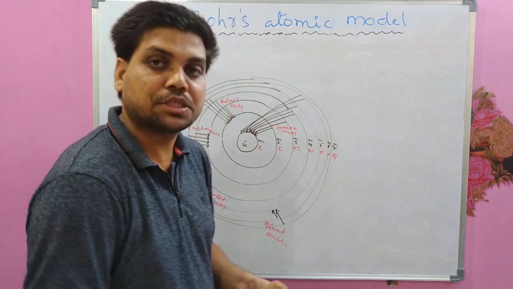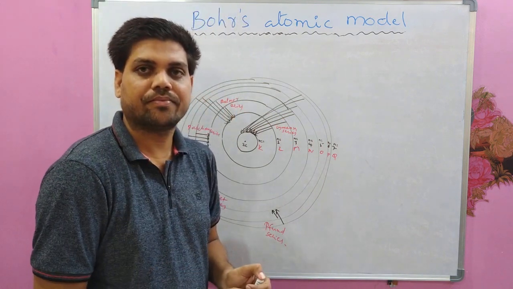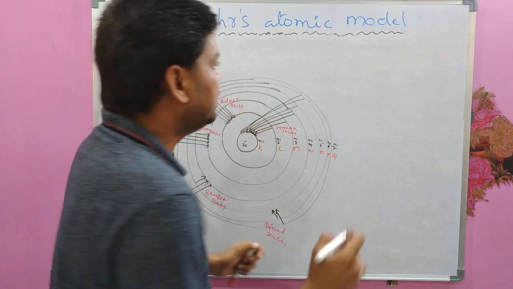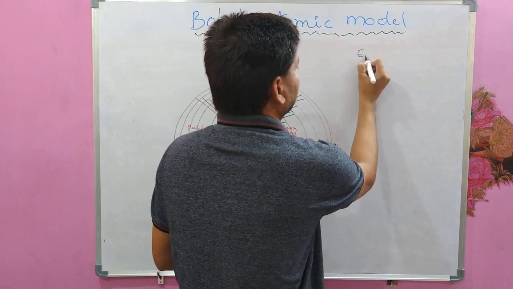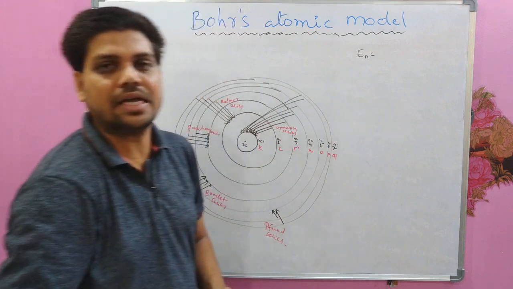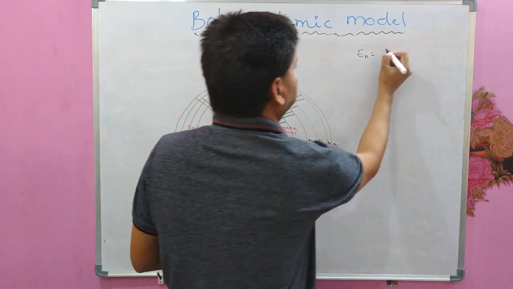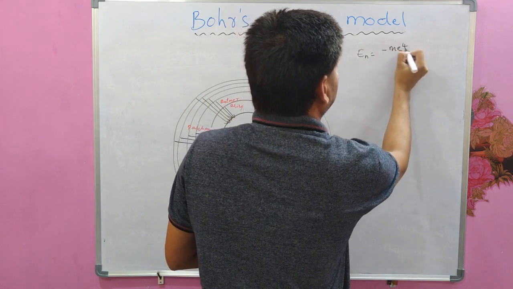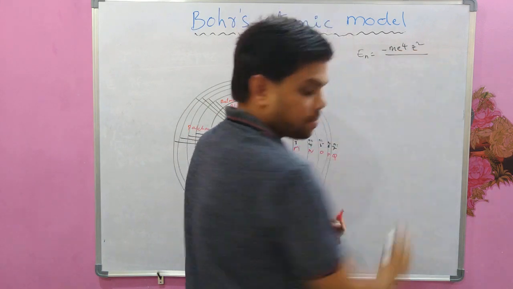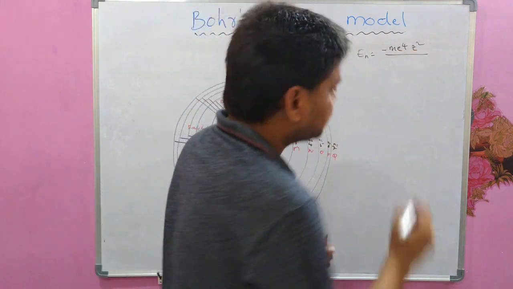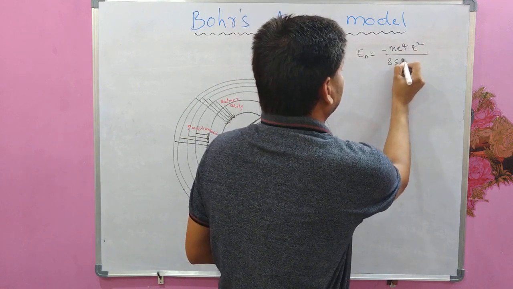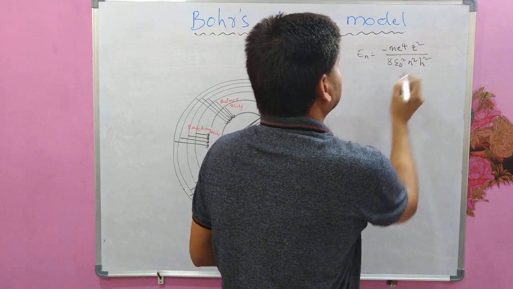And using the expression of energy, that is En. What is the expression of energy En? En is minus me power 4 Z square by 8 epsilon naught square n square h square, the general formula.